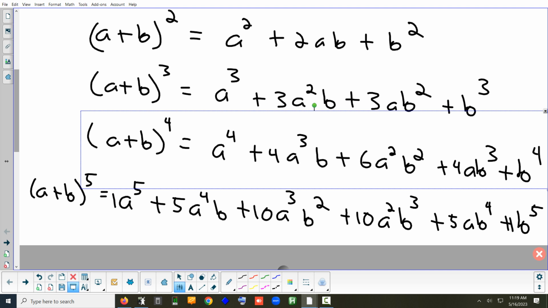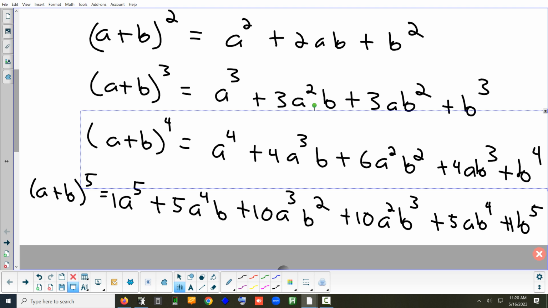Yeah. The ab term, squared is 2ab, cubed is 3ab. So that's directly corresponding, and then the b in that is squared to the same level of the original equation minus 1.